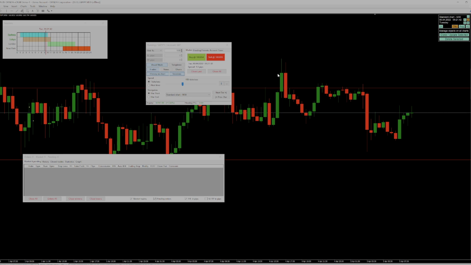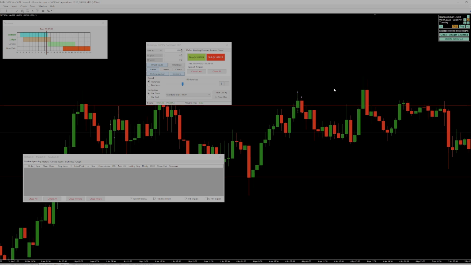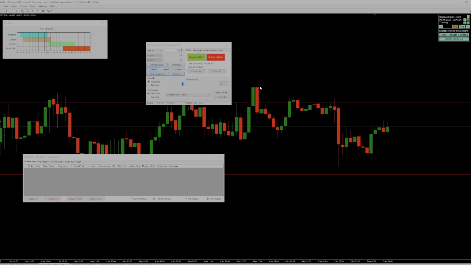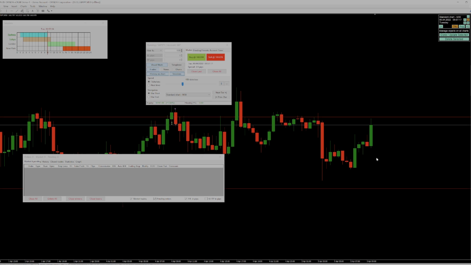This was a fake out as well. So I mean, I got caught up in it, I'll be honest. It broke up, then it broke back down, and then look, it came all the way down to here. So that's definitely a fake out. So, oh man. Alright, so that's quick movement.